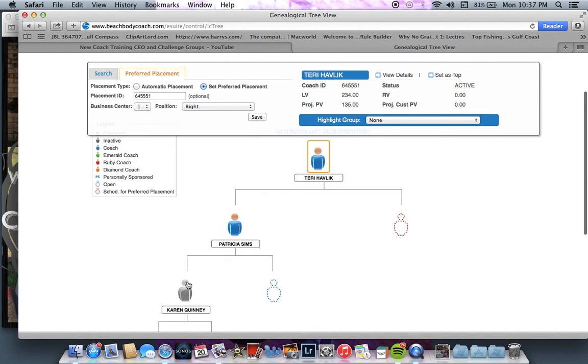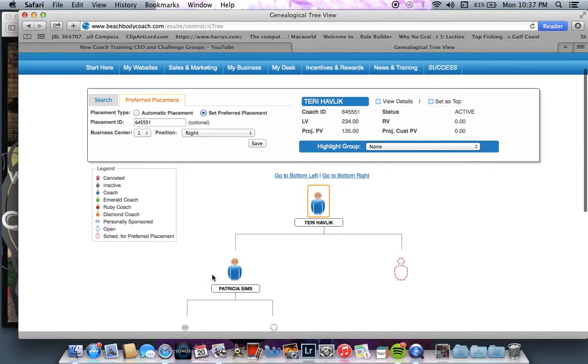So these coaches are just placed under Terry from her upline, which means that you can't see your upline, but above here there are coaches going all the way up, and as they place people, they just continue to trickle down these outside legs. This is important.